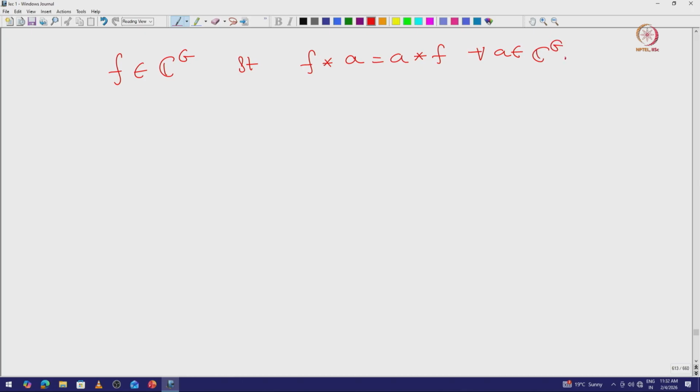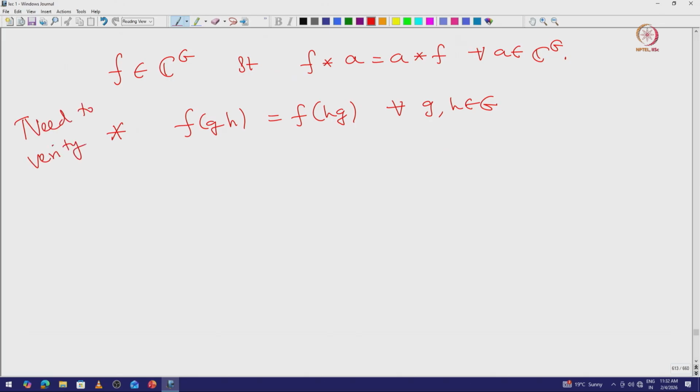Now we want to verify that f(g h g inverse) is equal to f(h), which is equivalent to saying that f(g h) equals f(h g) for all g, h in G. We need to verify this.